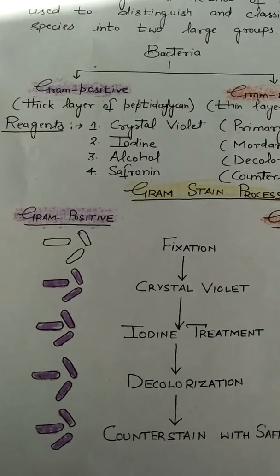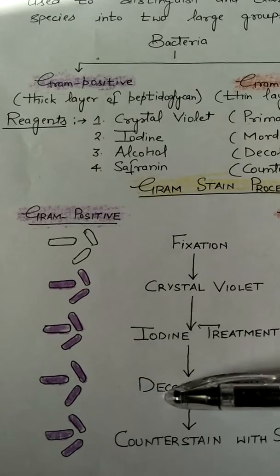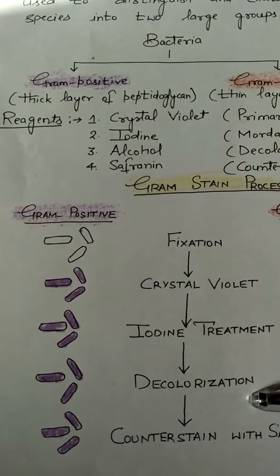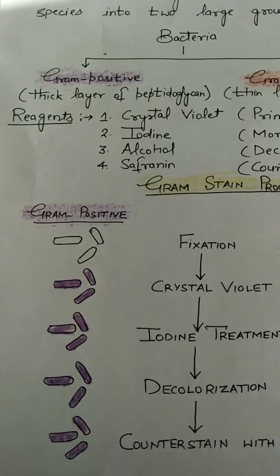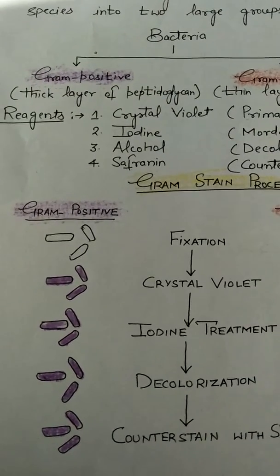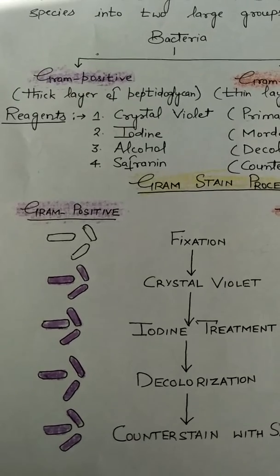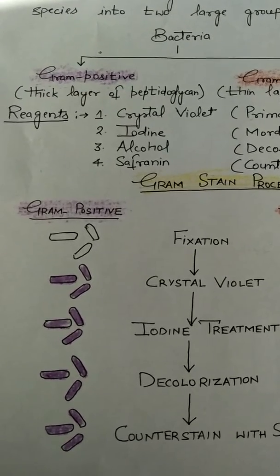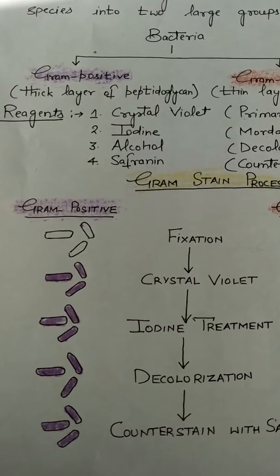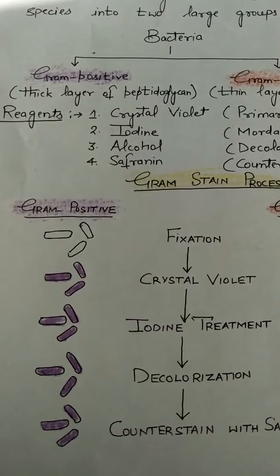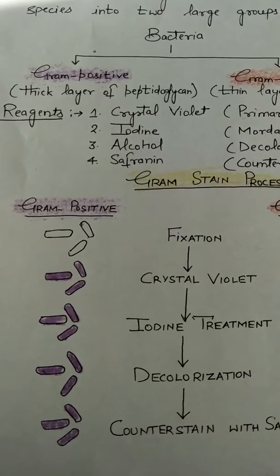In contrast, gram positive bacteria, you will see after this decolorization step, they remain purple here, right? So a gram positive bacterium or cell becomes dehydrated from the ethanol treatment. This closes the pores in the cell wall and prevents the stain from exiting the cell, right?